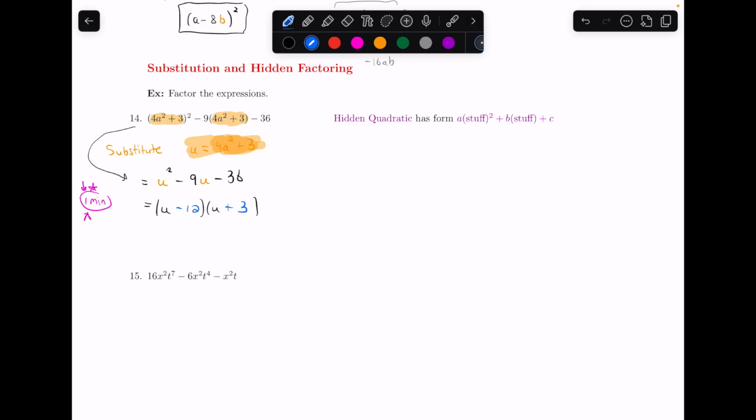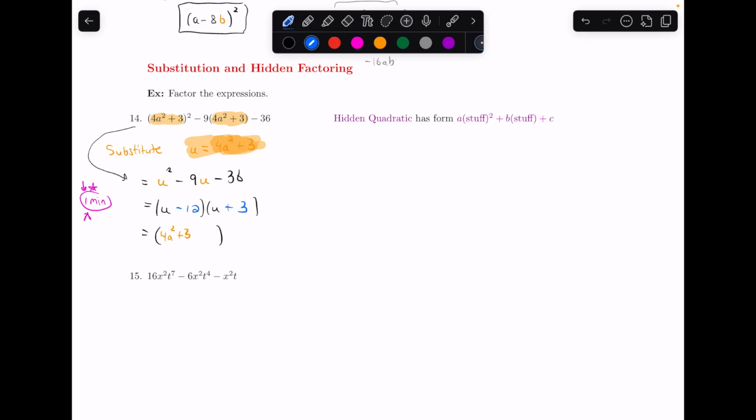Okay, so I got this quadratic factored, but there were no u's in the original problem. So one of my last steps is I've got to sub back in for what u equals. Anywhere that I see a u, I'm going to plug back in 4a² + 3.